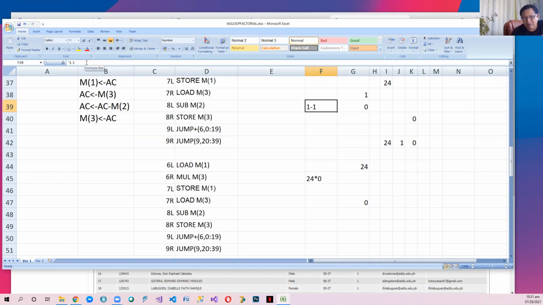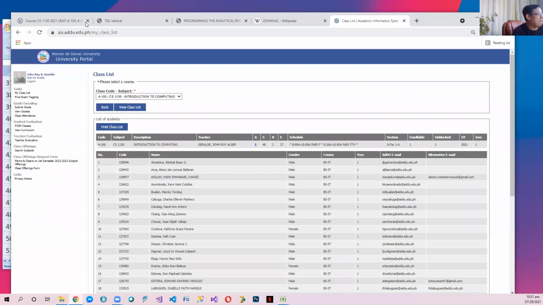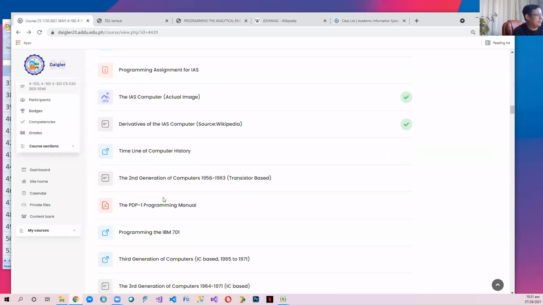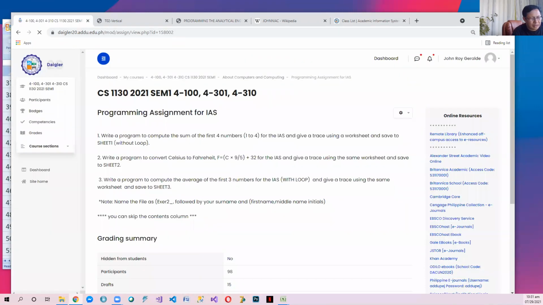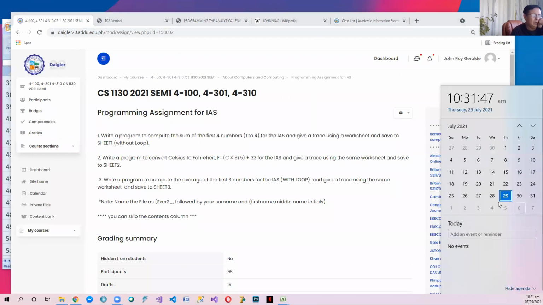So, your programming assignment will be to do this. I'm postponing this because we have no meeting. I have no meeting on Wednesday.